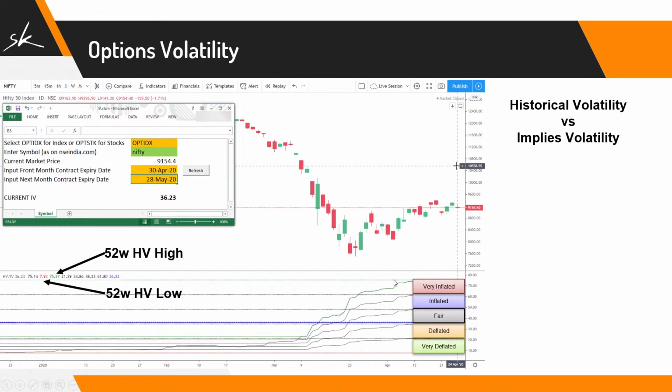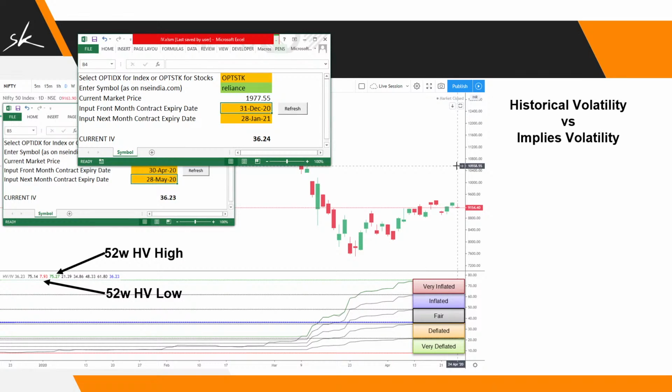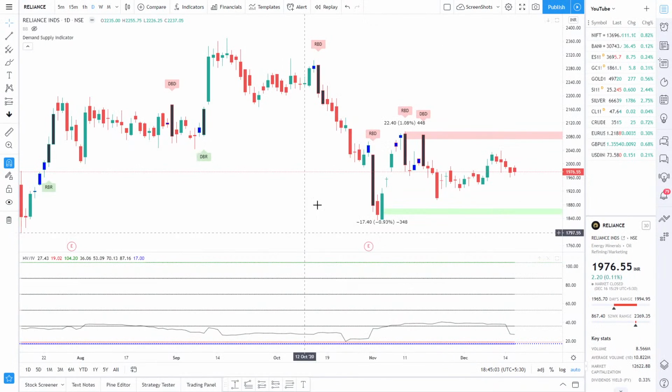What I'll do is go back to the charts and bring up Reliance again. So now you can see that this is telling me when Reliance was moving the fastest, we were at 104.20, and when Reliance was moving the cheapest, we were at 19.02. Here you can see in green and red, 19.02 was the lowest and 104.20 was the highest. And now you can see that I have divided this into five equal sections.